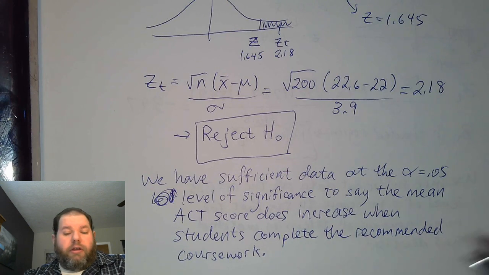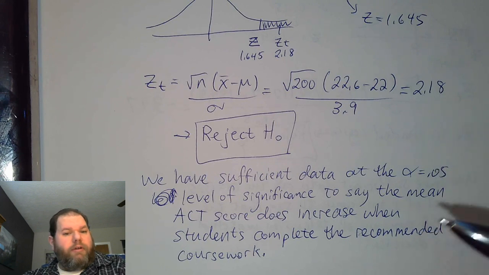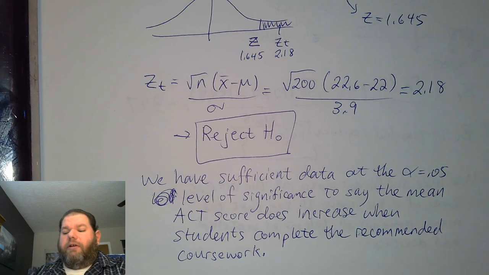And then we, again, continue with the description of the event. So, what does this tell us? Well, when our students completed the recommended coursework, they did get a higher ACT score as a result, which kind of seems like an obvious thing, but it's nice to back it up with statistics.